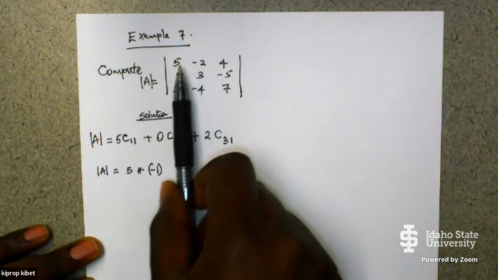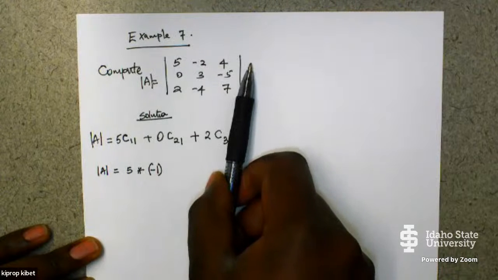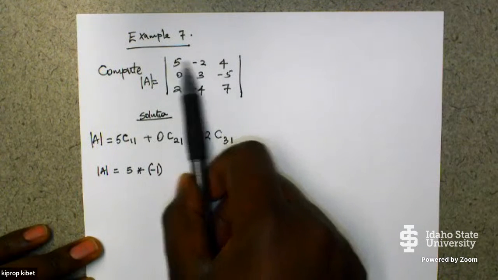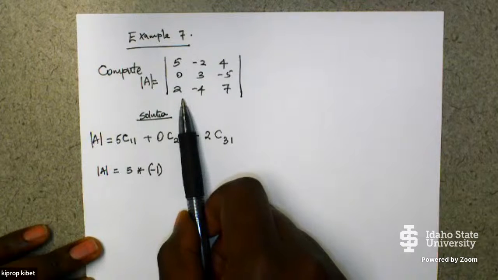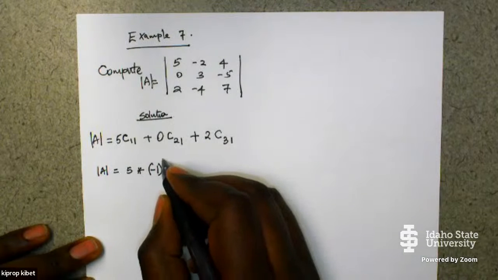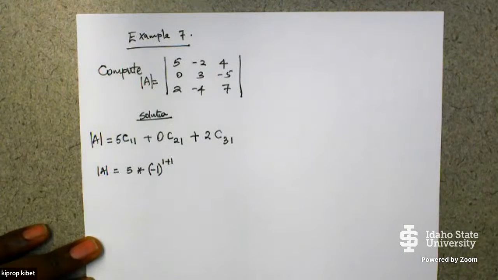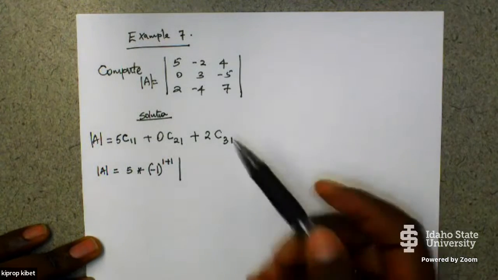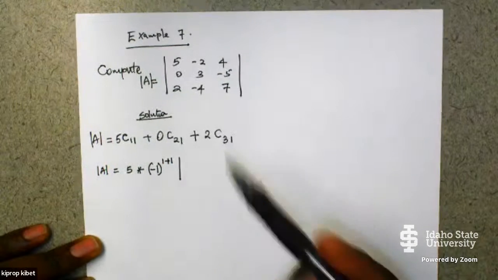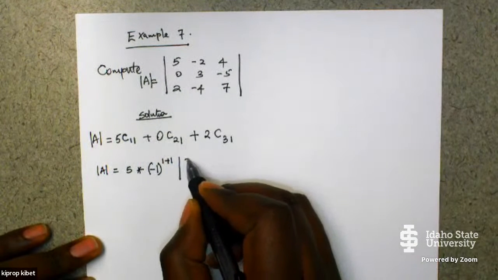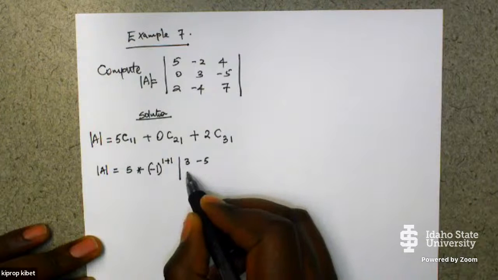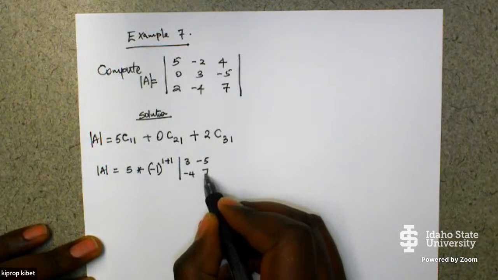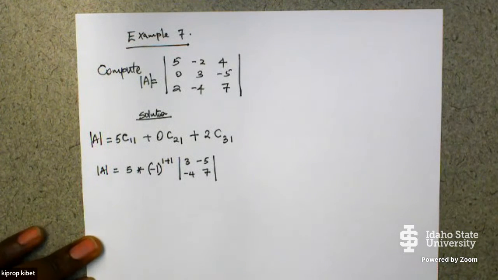We are deleting i, which is 1, and j, which is 1. So it will be 1 plus 1. And then the determinant of, we have deleted this row and this column, so the determinant of 3, -5, -4 and 7.